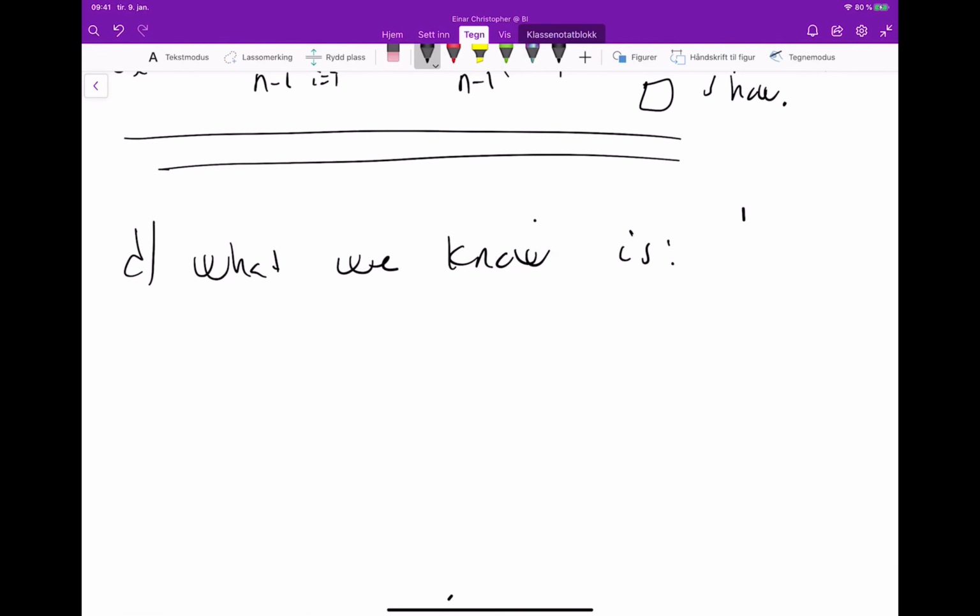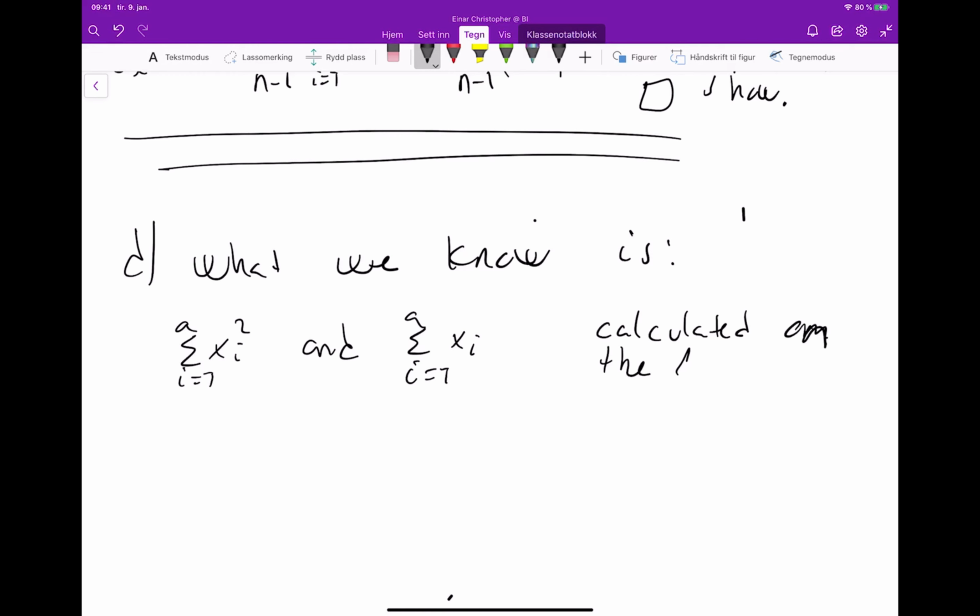That is that we know the sum of the x i squared, i equal 1 to a, and the sum i equal 1 to a x i, calculated on the first machine.